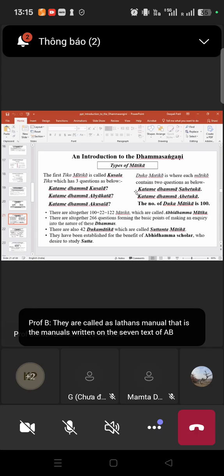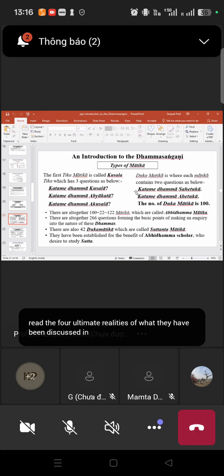So anyone can go through the ultimate reality, Chitta, Rupa, Nibbana. In the Abhidhammatthasaṅgaha there are 9 chapters, and in these 9 chapters, all the Chitta, Rupa, Nibbana have been discussed in a very brief manner. So anyone can read the 4 ultimate realities that have been discussed in the 7 texts.